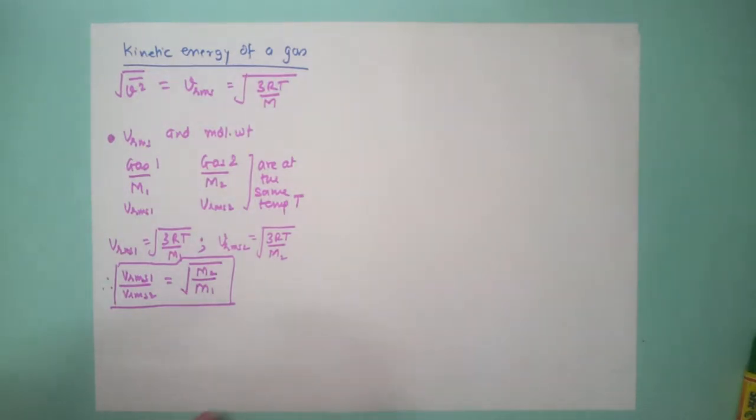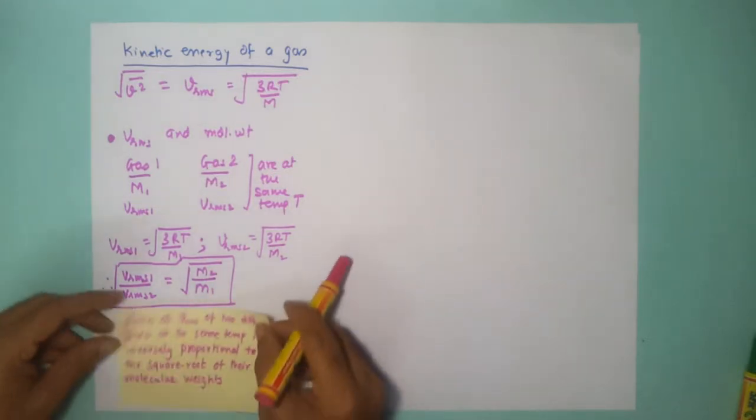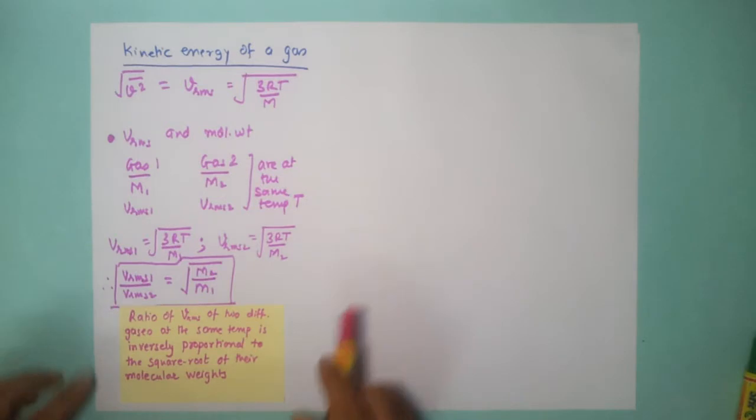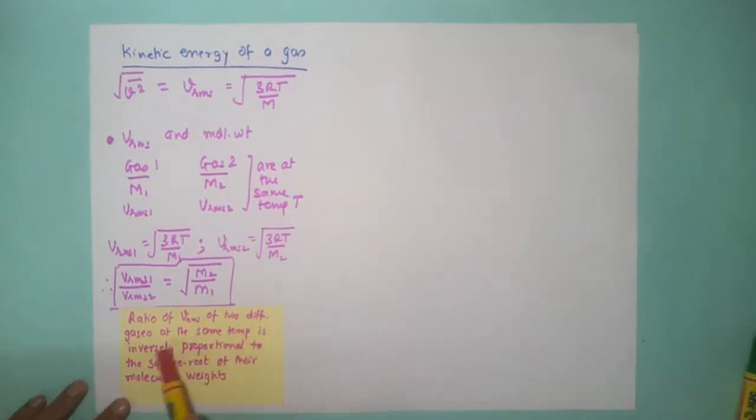If you try to explain this in words, the ratio of VRMS of two different gases at the same temperature is inversely proportional to the square root of their molecular weights.